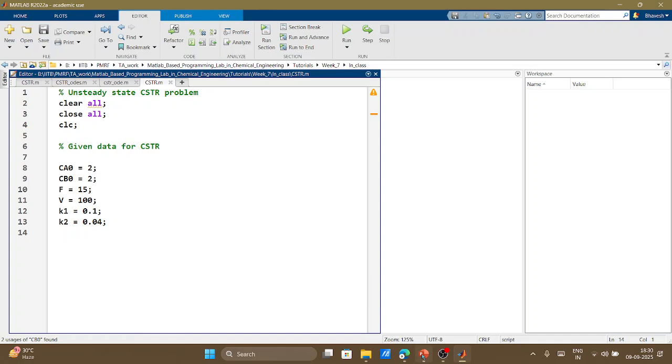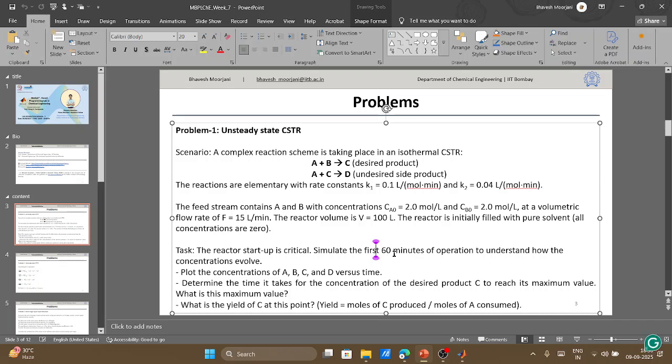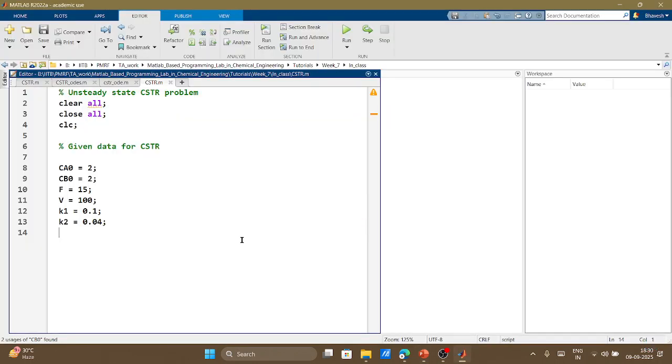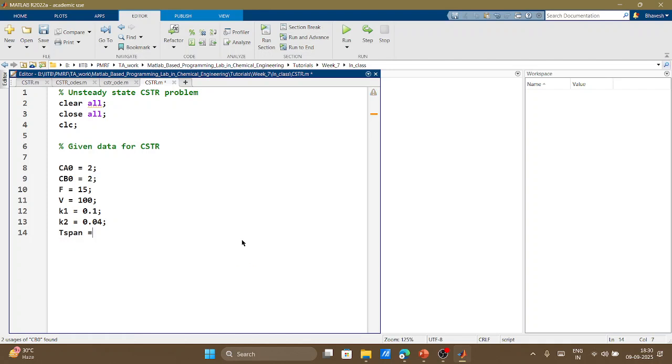So K1, K2, what else has been given? Yeah, we have to simulate this CSTR for 60-minute operation, from start to 60-minute time. So our time span, T span, starts from 0 and goes till 60. So this is my T span.